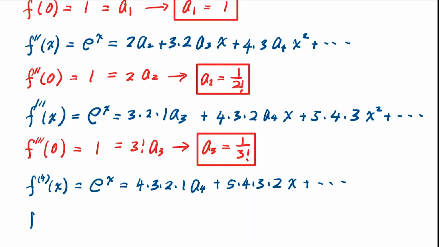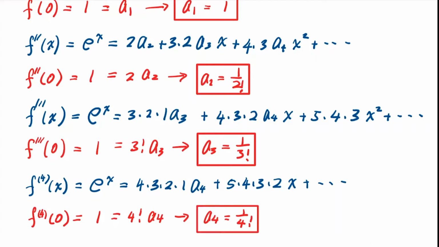When we substitute 0 again, this still becomes 1, and this is 4 factorial A4, and the x's all become 0. So that tells you A4 is equal to 1 over 4 factorial.